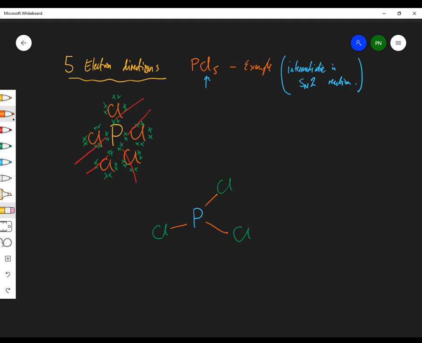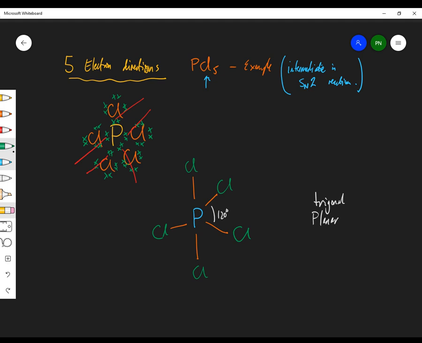Now this part of the molecule is planar because there's 3 electron directions. So this part of the molecule is actually trigonal planar, and the bond angles in this bit are 120. Now, obviously we have to put two more chlorines on, and these go up and down from the plane.